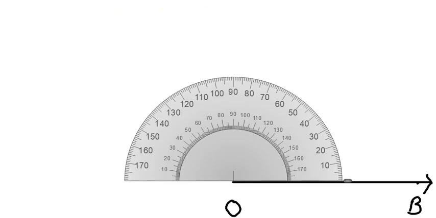So I'm zooming a bit to show it to you. Now you can clearly see this is 150, and now 151, 152 and 153. So just mark a point here, on angle 153 degrees.